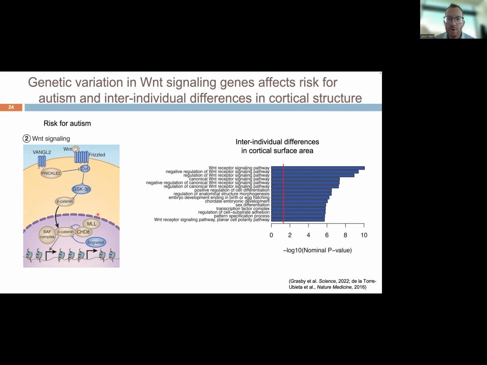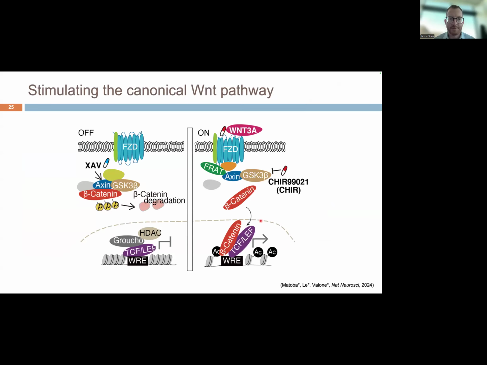Second, de novo mutations associated with autism have clustered in Wnt pathway genes, implicating these as important for psychiatric disorders. And third, I've already showed you some evidence that suggests that Wnt signaling is important for inter-individual differences in the size of the human cortex. So all of these indicate that genetic variation in neural progenitor cells may exhibit brain trait relevant functionality in the context of Wnt stimulation.